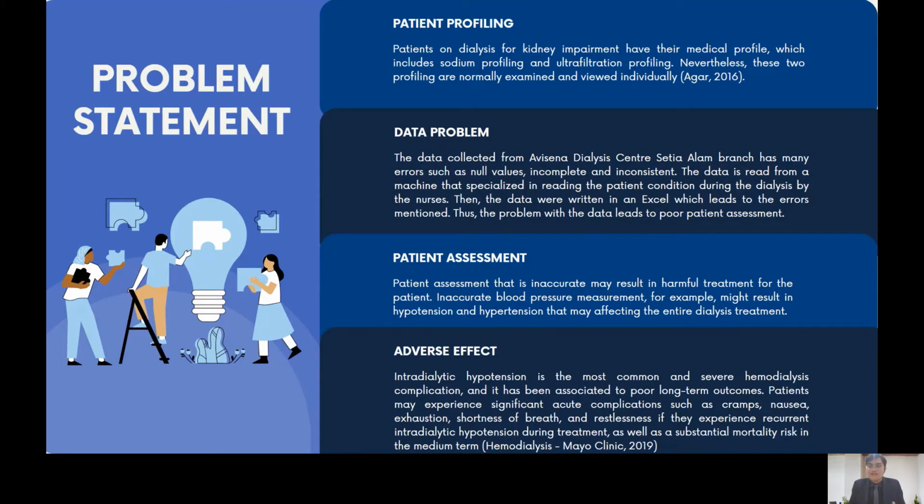Intradialytic hypotension is actually the most common and severe hemodialysis complication, and it has been associated with poor long-term outcomes. Patients may experience significant acute complications such as cramps, nausea, exhaustion, shortness of breath, and restlessness if they experience recurrent intradialytic hypotension during the dialysis treatment, as well as substantial mortality risk in the medium term.